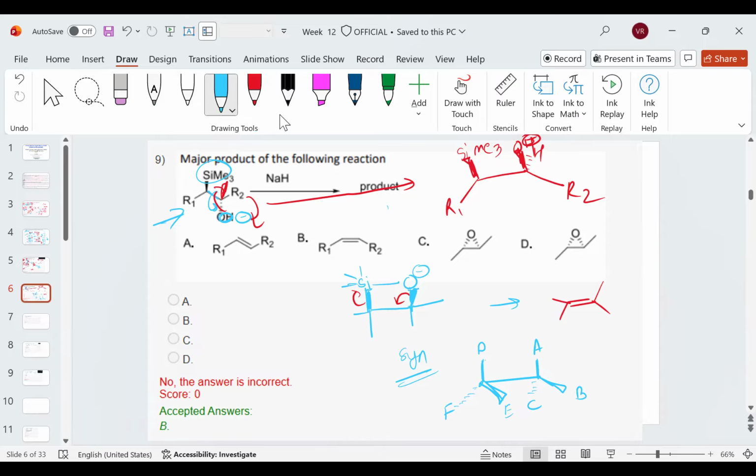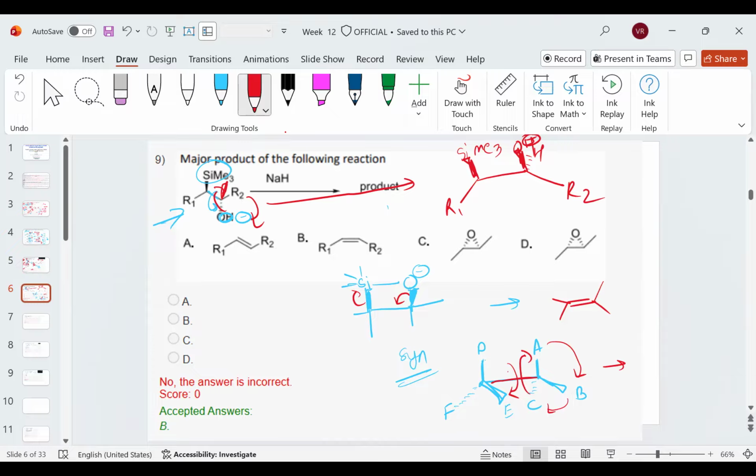If you do the bond rotation of this one in this manner, what happens? A comes in the position of B, B comes in the position of C, and C comes in the position of A, right? If you do the bond rotation like this, what do we get here?